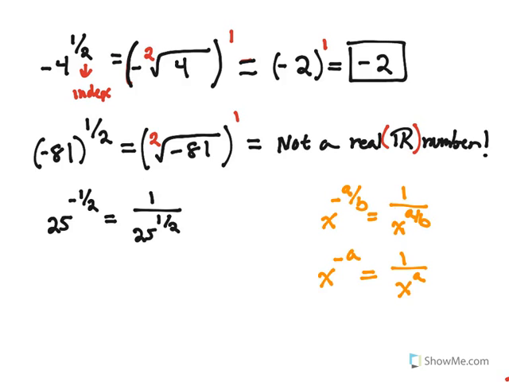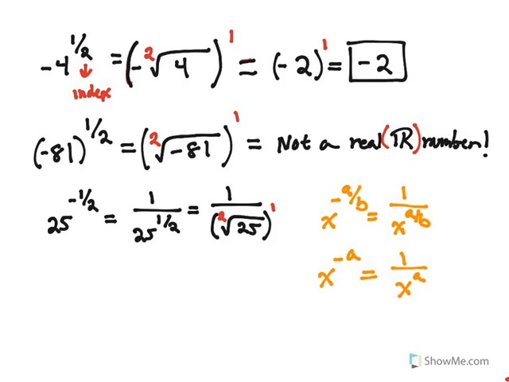Now, in order to evaluate the problem that we have over here, don't forget, 25 to the 1/2 power is really the square root of 25. Remember the rule, remember how we wrote that, okay?